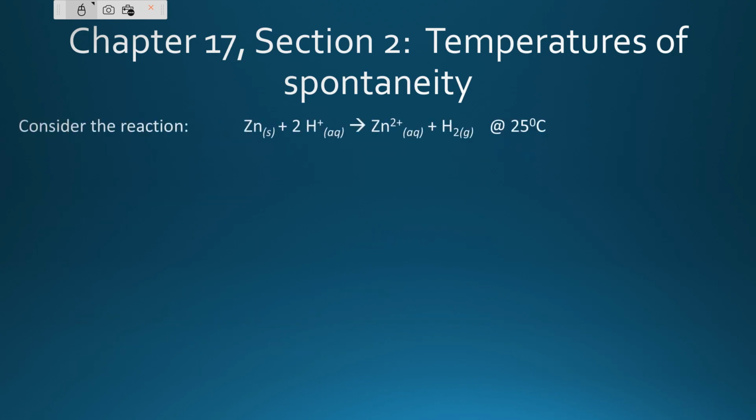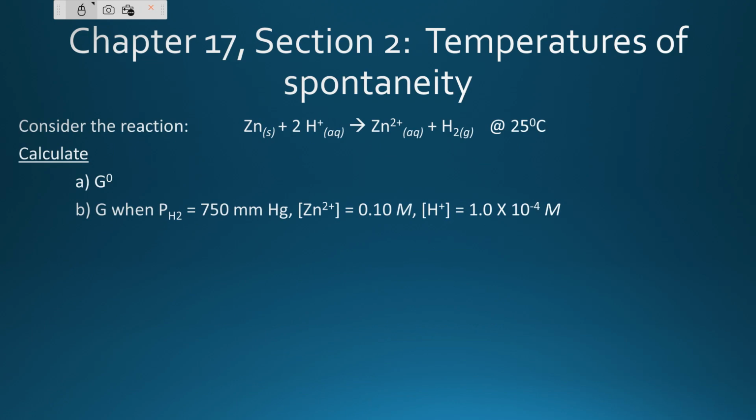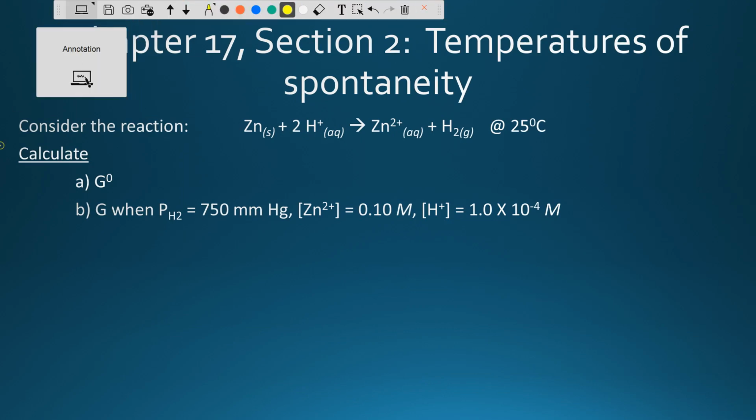Okay, so let's look at an example of the case of my zinc and hydrogen. Now let's first of all calculate out my ΔG value.